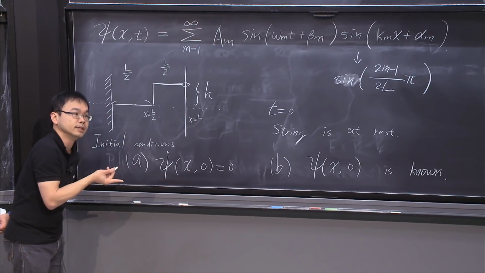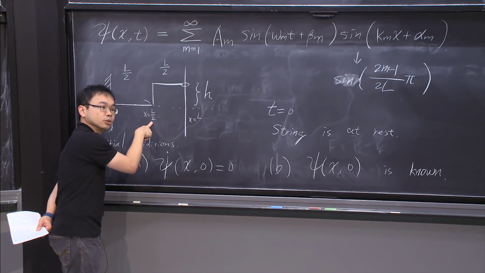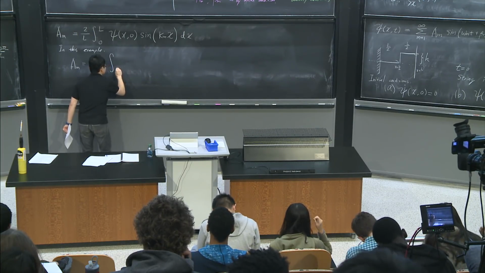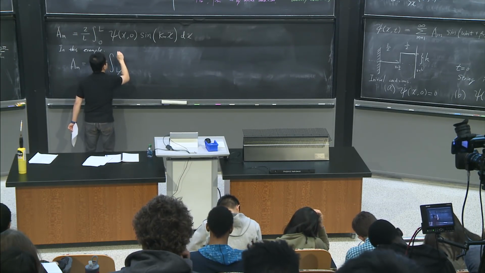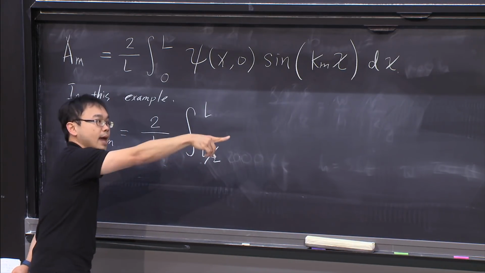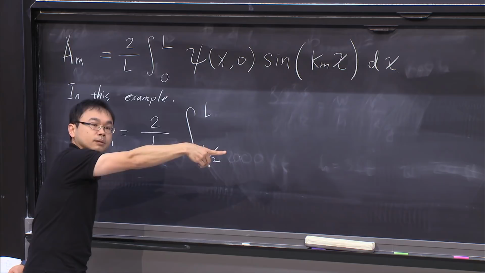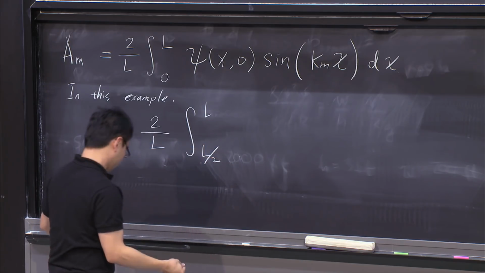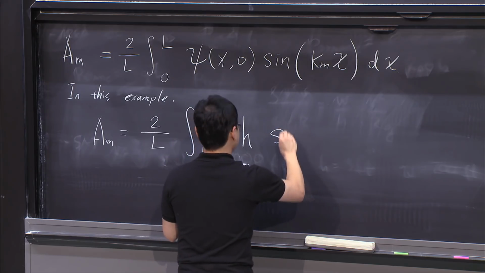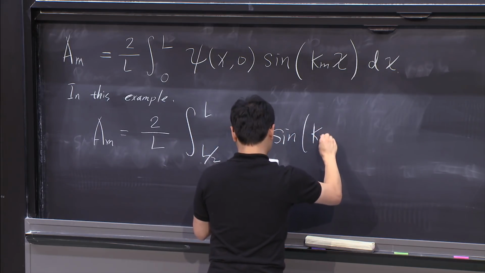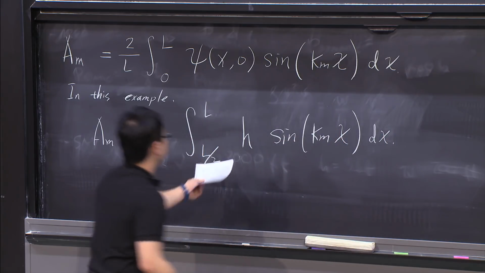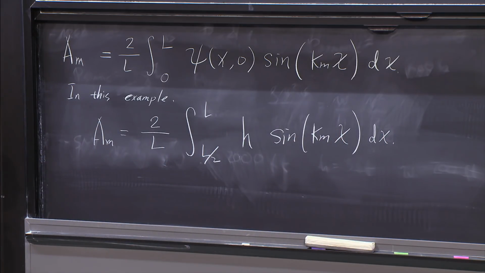So I can safely just integrate from L over 2 to L, because between 0 and L over 2 the initial position is 0. All right, so what I'm going to get is h sine k_n x dx. And of course, everybody knows how to do this integral, right?